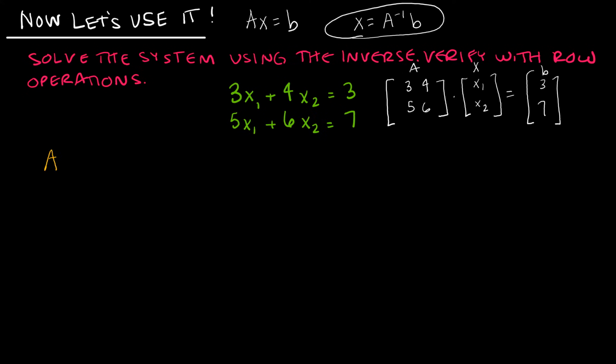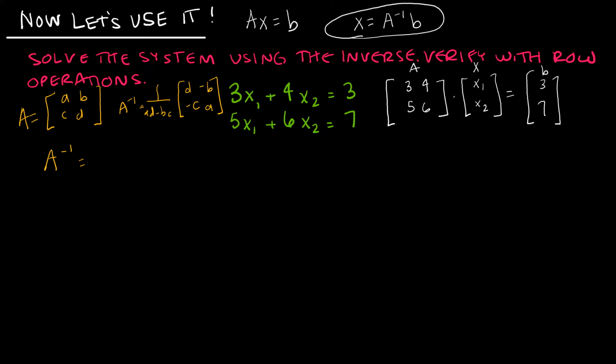So let's start by finding A inverse. If you'll recall, we just learned how to find A inverse in our last video. Our last video says if A is a, b, c, d, then A inverse is 1 over ad minus bc multiplied by the matrix where the first diagonal changes location, and the second diagonal changes signs.